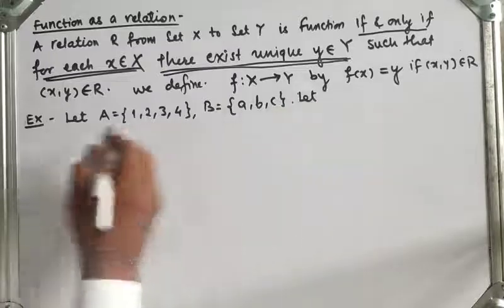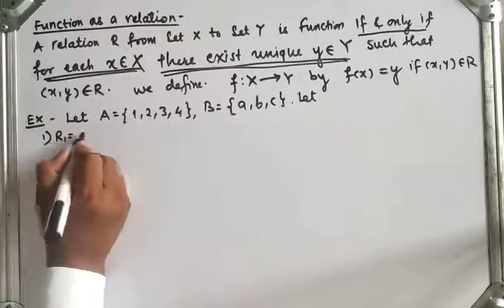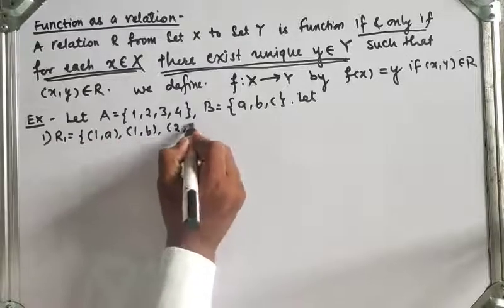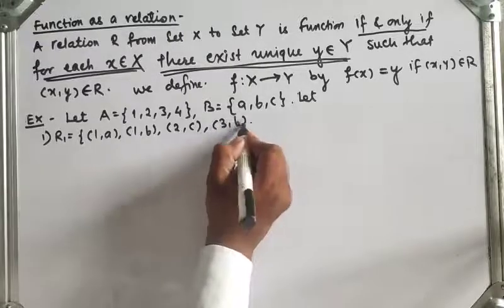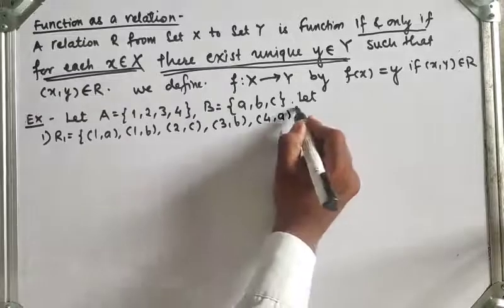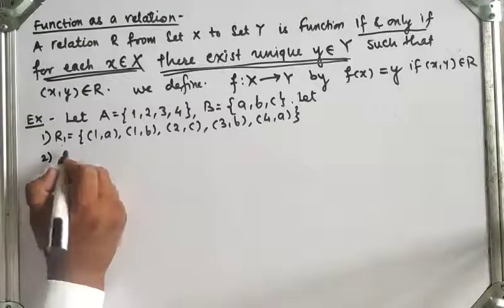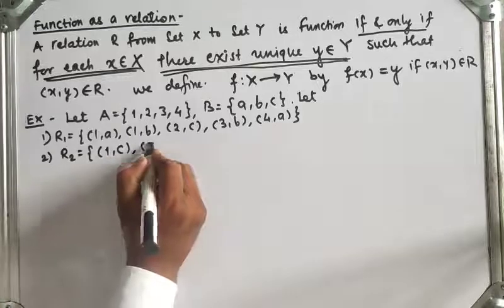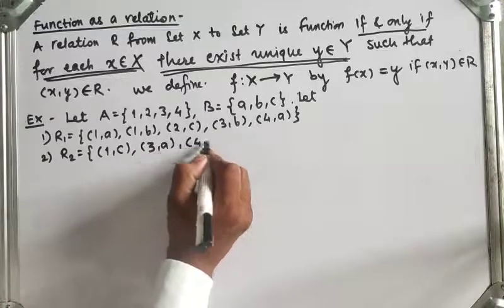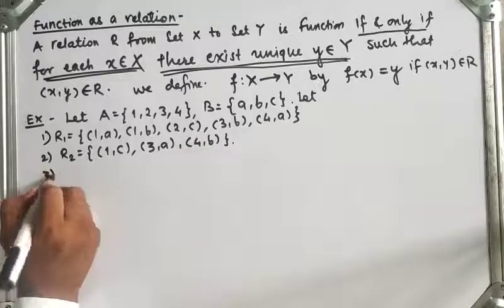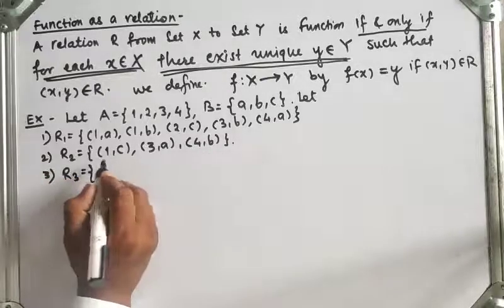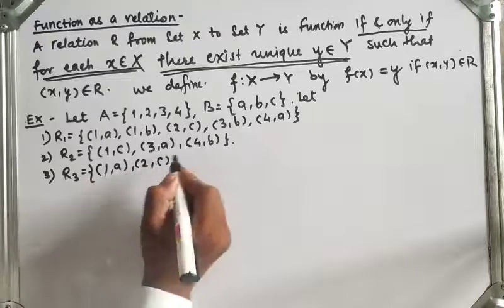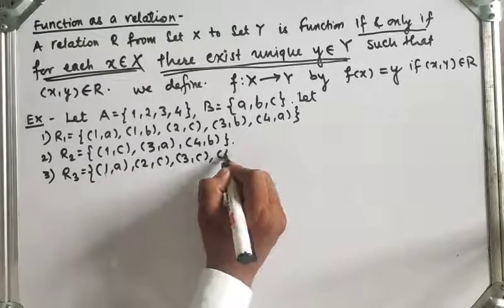Given first R1, which is {(1,a), (1,b), (2,c), (3,b), (4,a)}, and second one R2 is the relation {(1,c), (3,a), (4,b)}, and third one R3, which is {(1,a), (2,c), (3,c), (4,b)}.